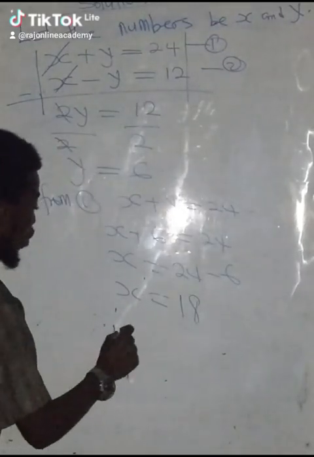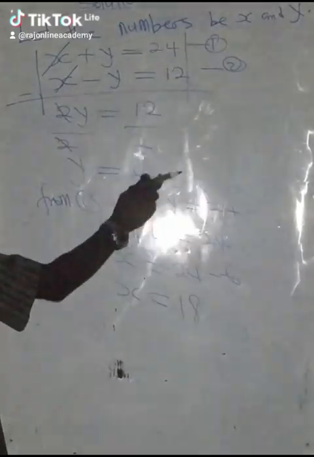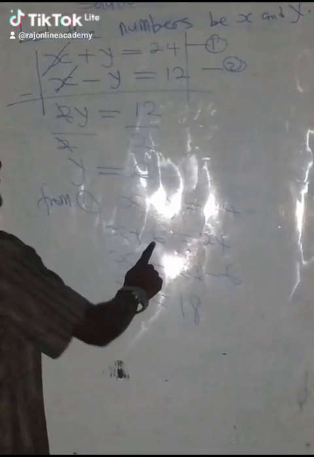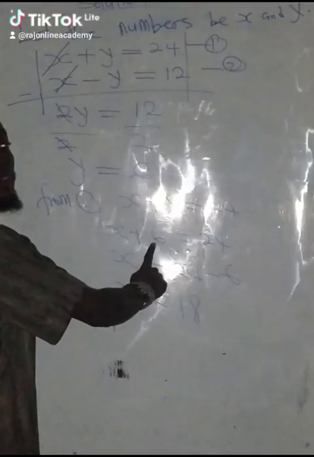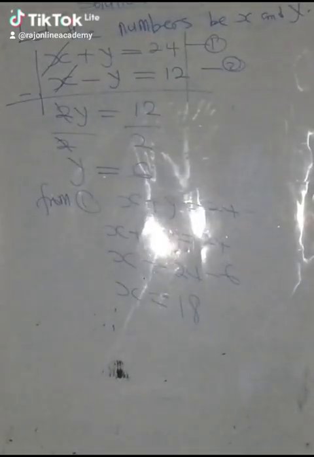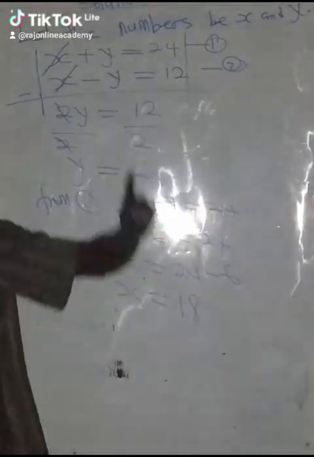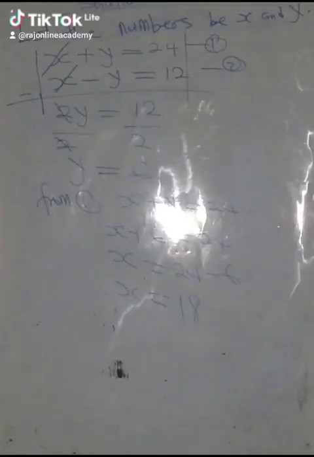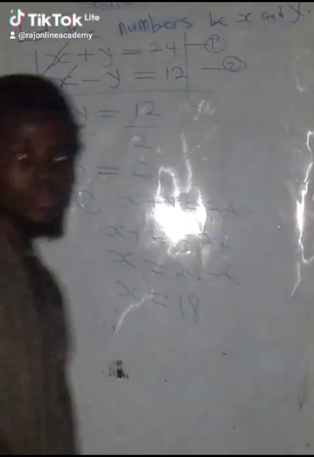Therefore, the two numbers are 18 and 6. Substituting the values, 18 plus 6 is 24, and 18 minus 6 is 12. Are we okay? Good.